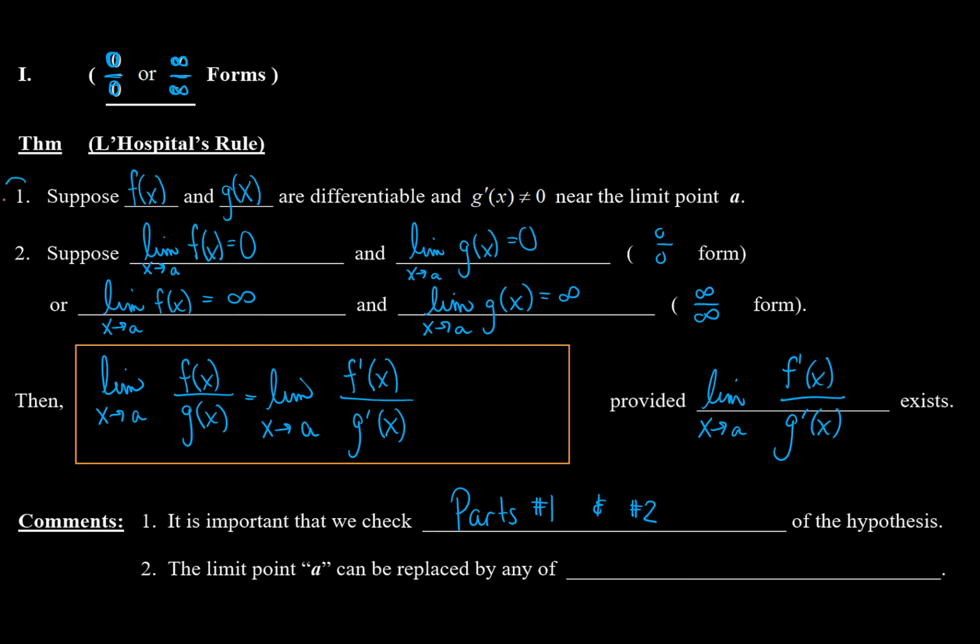So they both have to be differentiable with g prime of x not being equal to 0, and all these limits have to exist and be the same, either both 0 or both infinity. And note that the value of A in the limit can be replaced by A from the right, A from the left, negative infinity, or positive infinity. All sorts of options here.